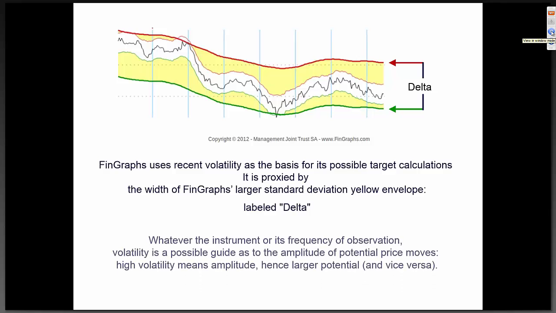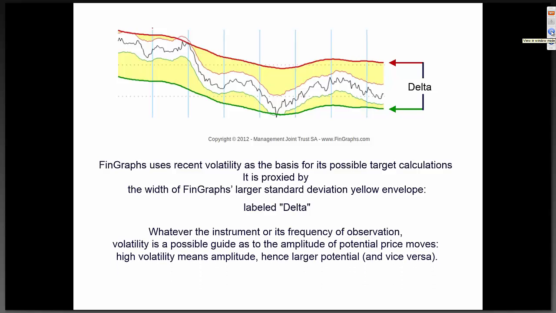Whatever the instrument or its frequency of observation, volatility is a possible guide as to the amplitude of potential price moves. High volatility means amplitude, hence larger potential. A lower volatility or a smaller delta means less amplitude, hence reduced potential.